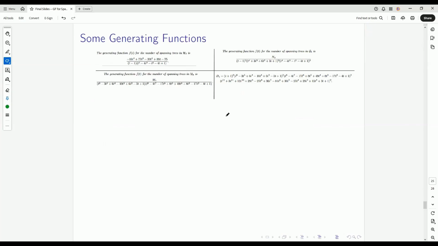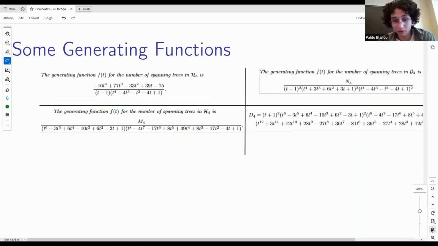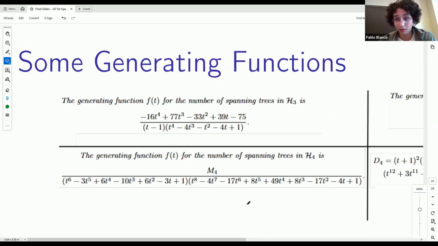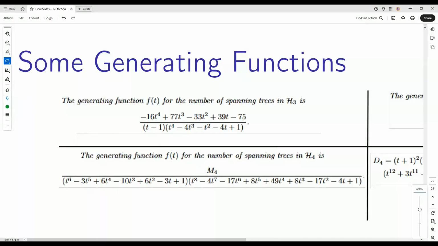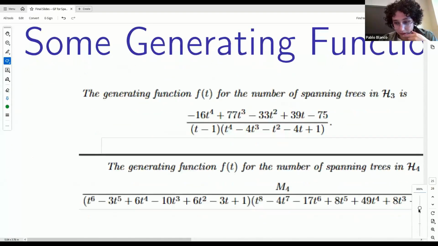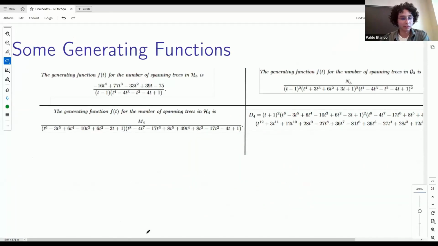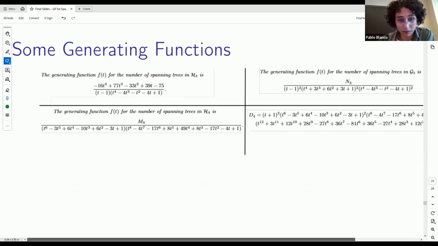Can you make it larger? Okay, it looks like I can. Is that a little better? Better, not the best. I think that's my limit. They're not very high res, unfortunately.